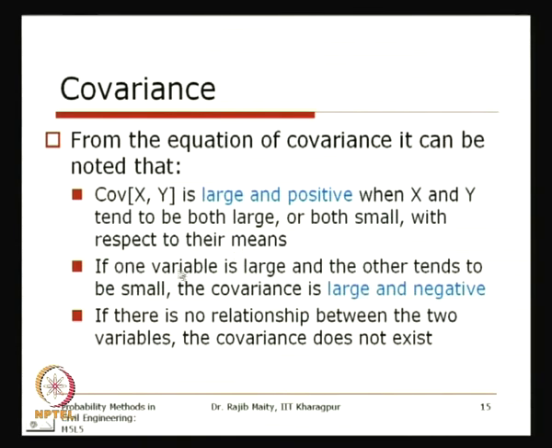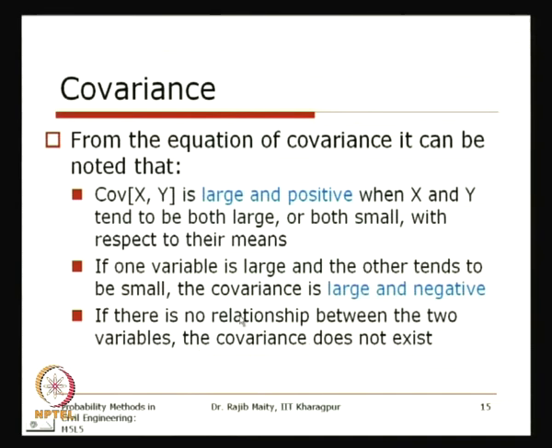In contrast to this, if one variable is large and the other tends to be small, and vice versa, the covariance is large and negative. And if there is no relationship between two random variables, that is, if they are independent, then the covariance is zero.